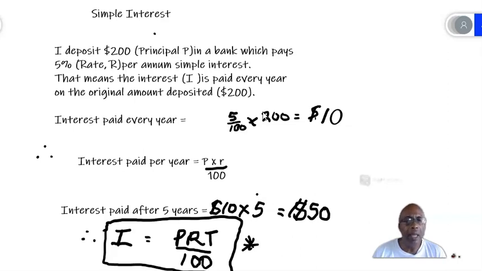So the total formula for interest paid after a number of years is the principal times the rate times the time over 100. And that is an important formula you should remember to calculate the simple interest after a number of years.